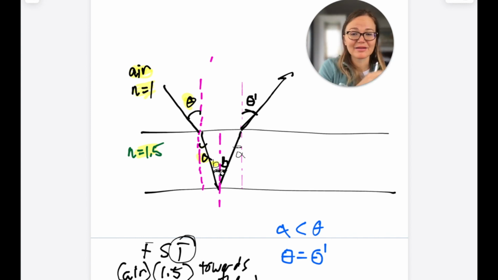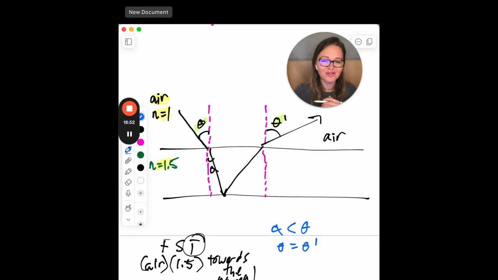And so it was reflected back at angle beta too. If it was reflected back at the same angle beta, then this angle here must be angle alpha. So we're going to do the same transition again that we originally did from air to the new medium, except in reverse. Here we're going from the new medium with the higher index of refraction back to air. And so our angle theta prime here is going to be exactly the same as our original angle theta. And therefore the answer choice that probably reflects that is answer choice B.